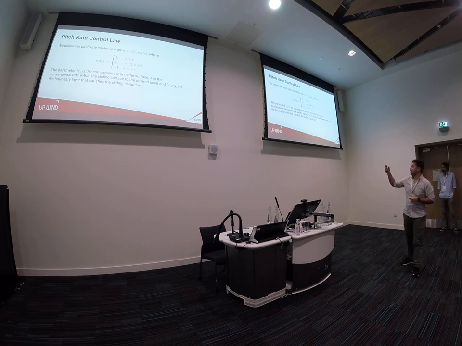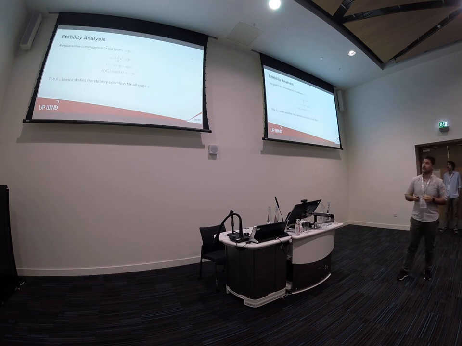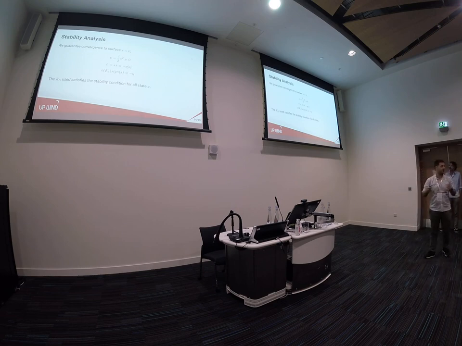The parameter Ks of the control law is the convergence rate to the surface. Lambda, that we saw previously, is the convergence rate within the sliding surface to the desired point, and eta is the boundary layer that satisfies the sliding condition. We also did some stability analysis, and the Ks that we used in the simulations satisfies the stability condition for all states X.